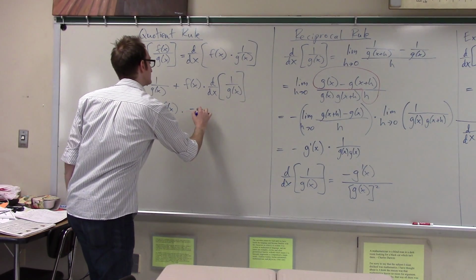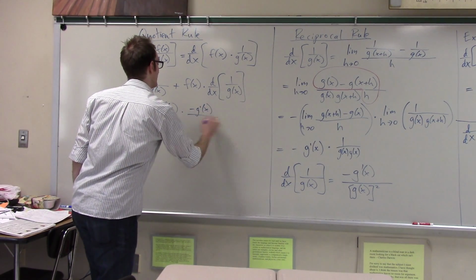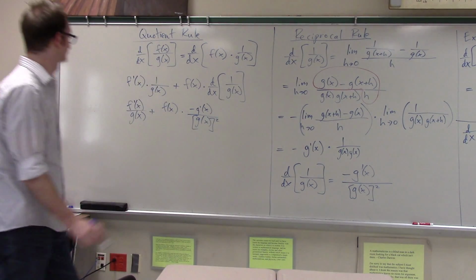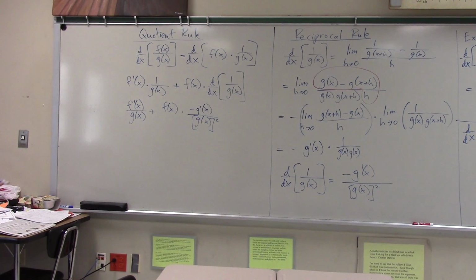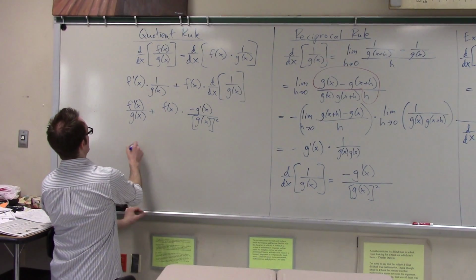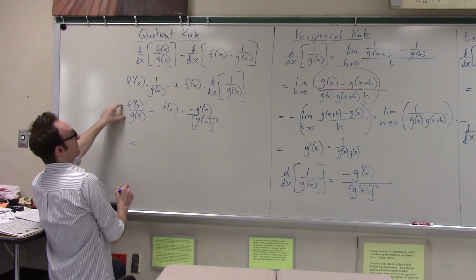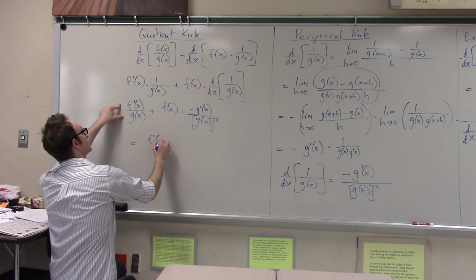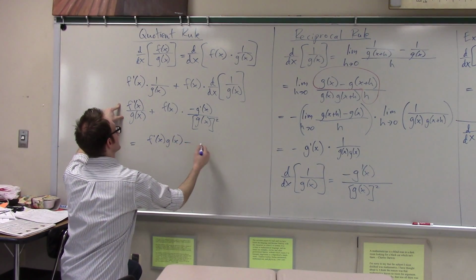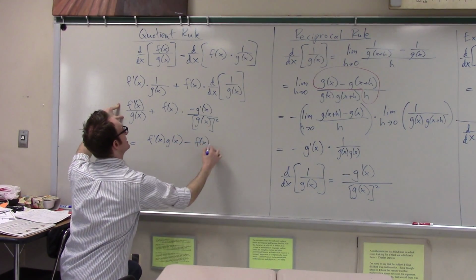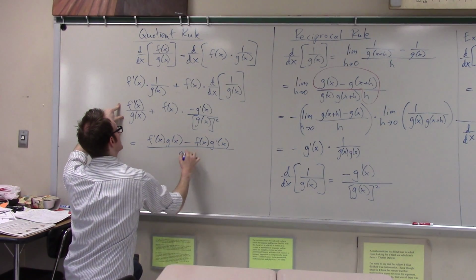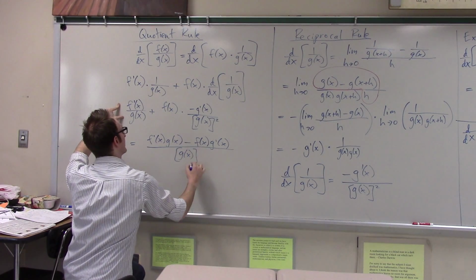The answer is it's negative g prime of x over g of x squared. And this is looking very tempting to get a common denominator here. And when I do so by multiplying the top and bottom by g of x, I get f prime of x, g of x, minus f of x, g prime of x, all over g of x squared.